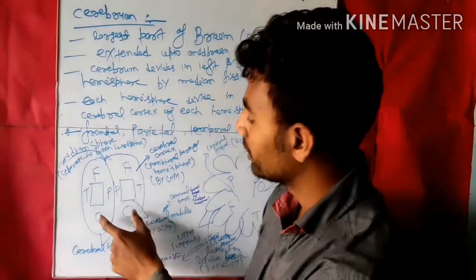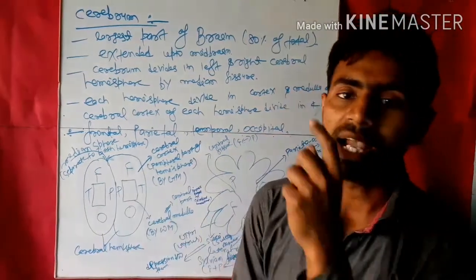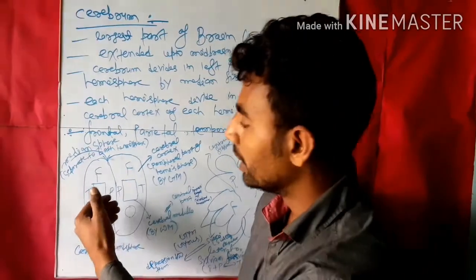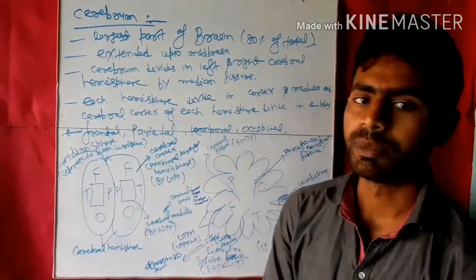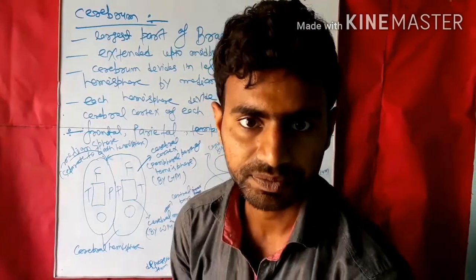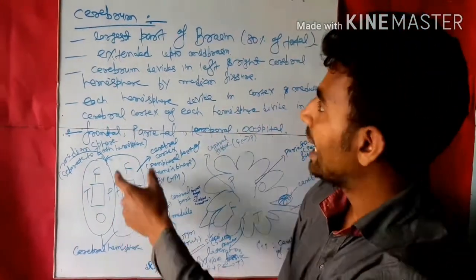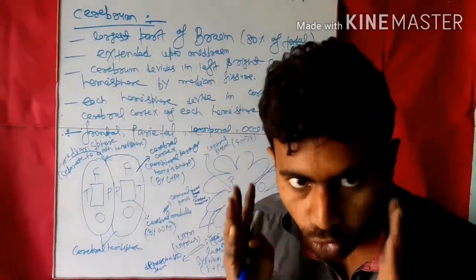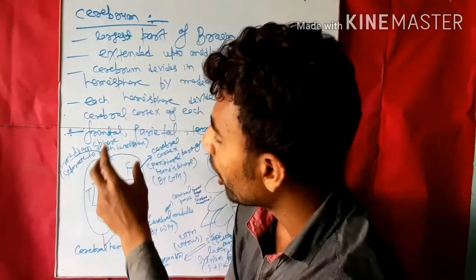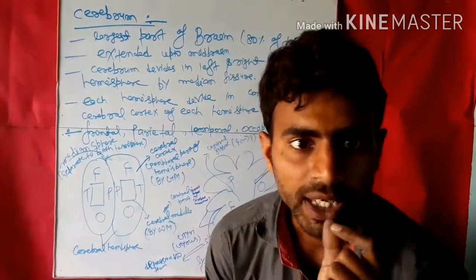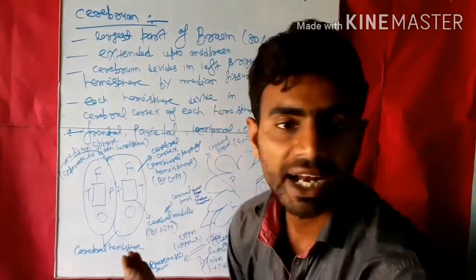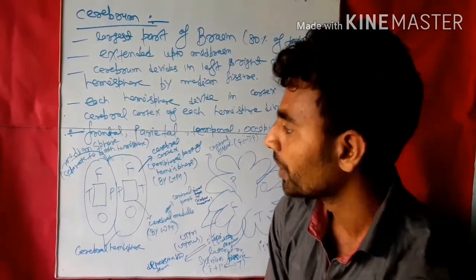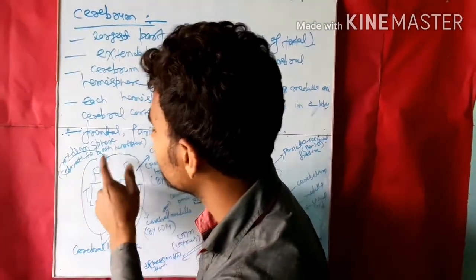You can see here that this is the cerebrum, and a deep cleft, called the median fissure, divides it into the left and right cerebral hemispheres.